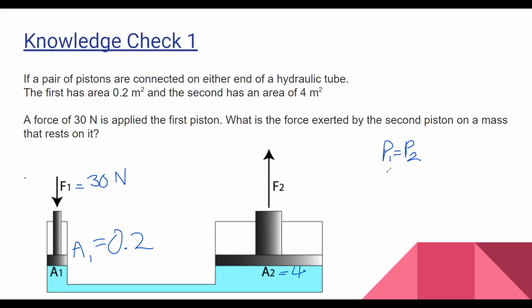The pressures have to be the same, so you can express both as the quotient between F and A. So F1 over A1 is equal to F2 over A2. And then here you can just substitute in values. So we have 30 over 0.2.